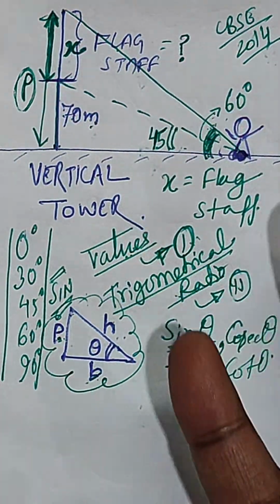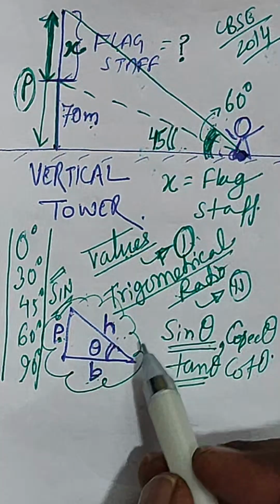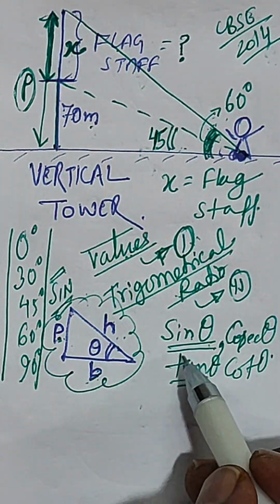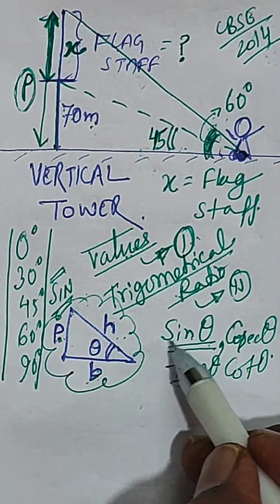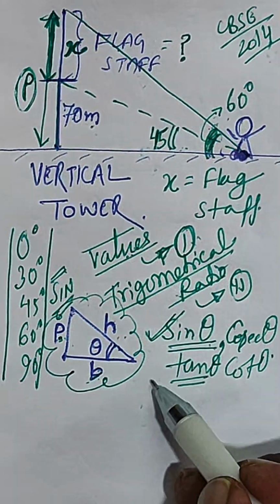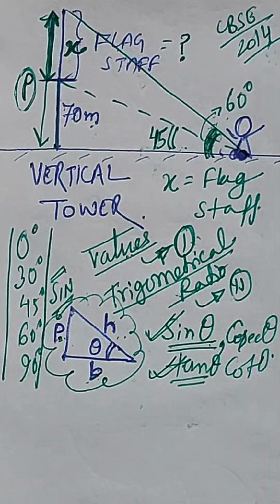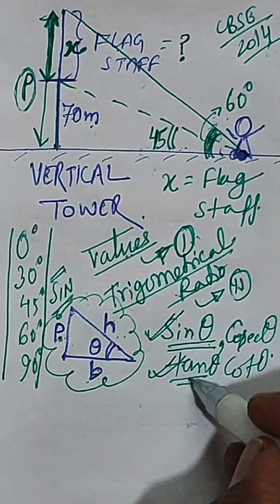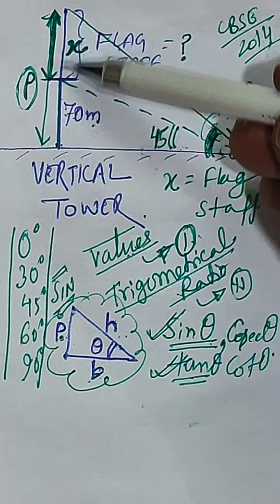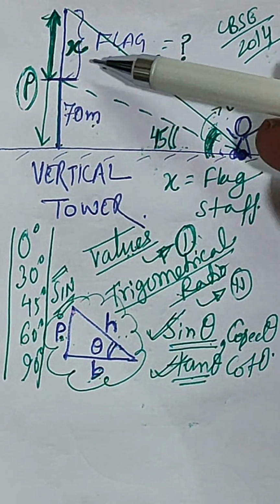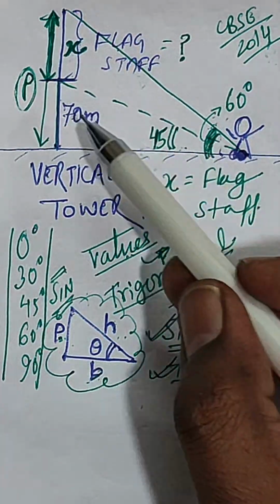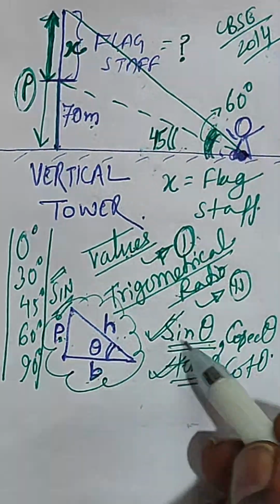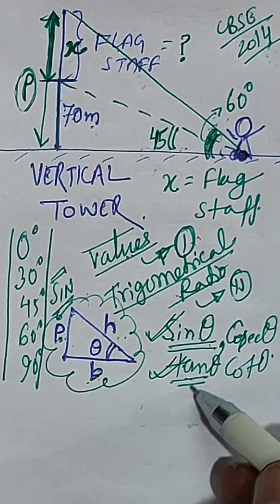So we are not going to use cos or sec or whatever, but we are going to use either sine or tan. Here you can see the flag staff is a part of the perpendicular. So in this case we will be using sine or tan, either of these.